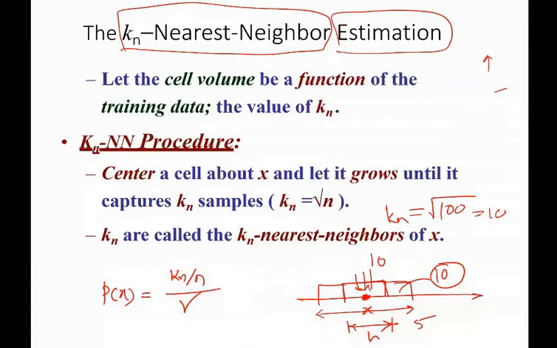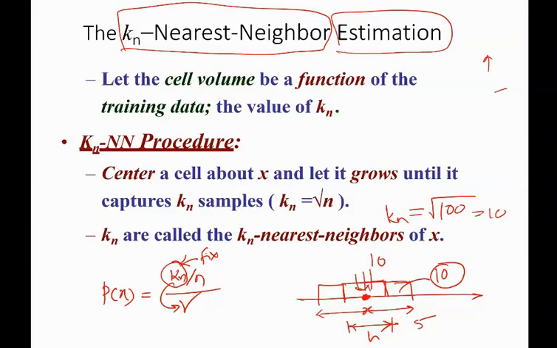So the meaning is that we will first of all fix this quantity k, that I am in search of 10 neighbors, or 5 neighbors, and then we will play with this volume. We will try to adjust the volume such that those many k's are accommodated.